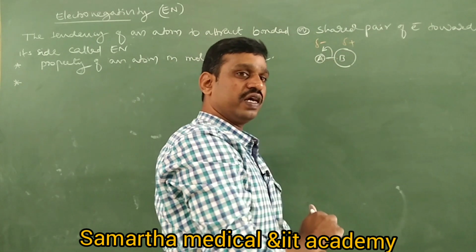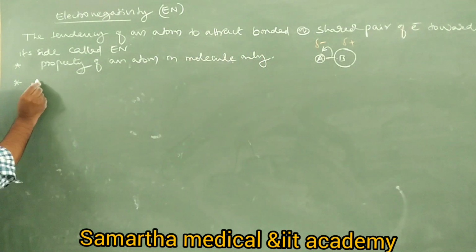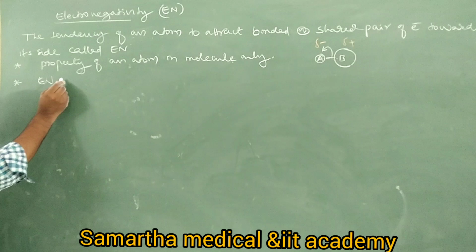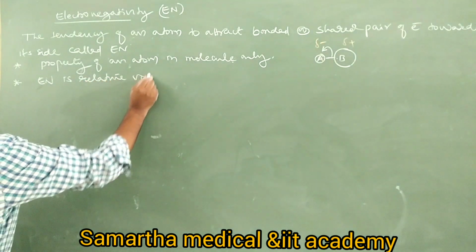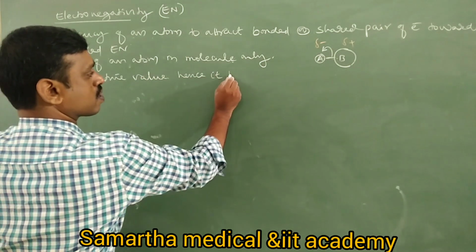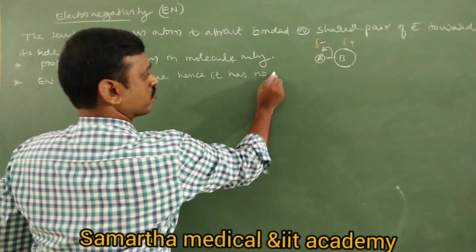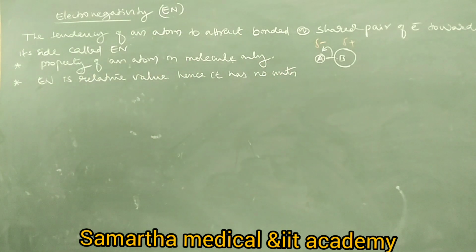So this property is electronegativity. Electronegativity is a relative value or comparison value. Hence it has no units.